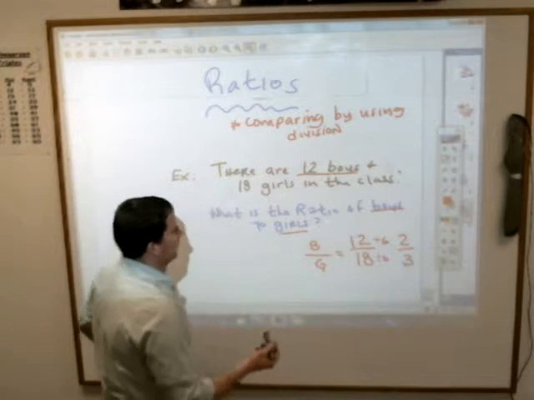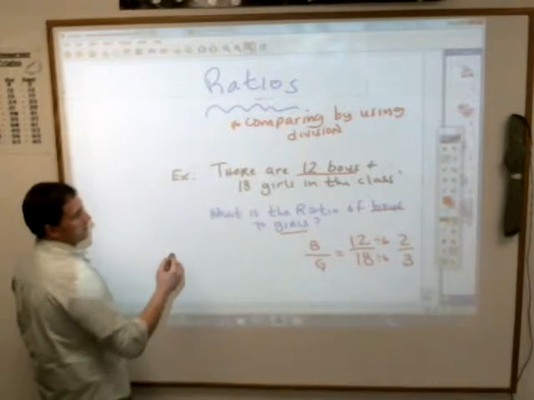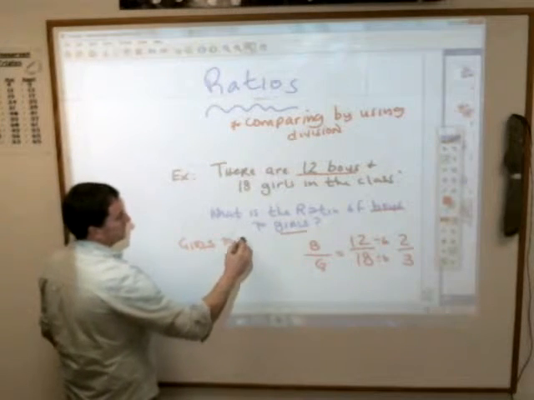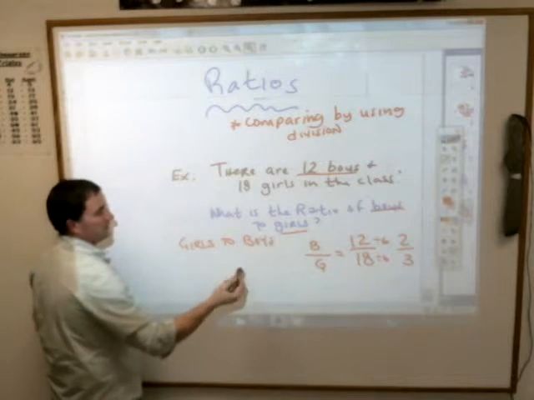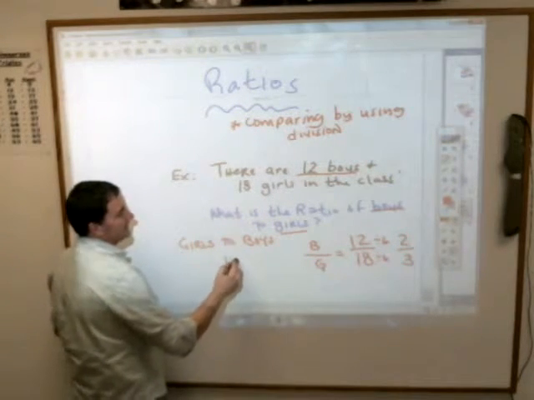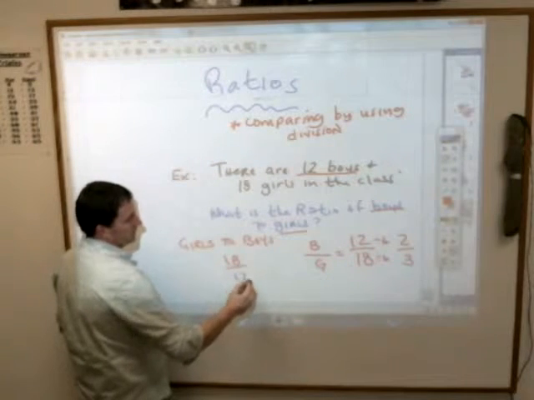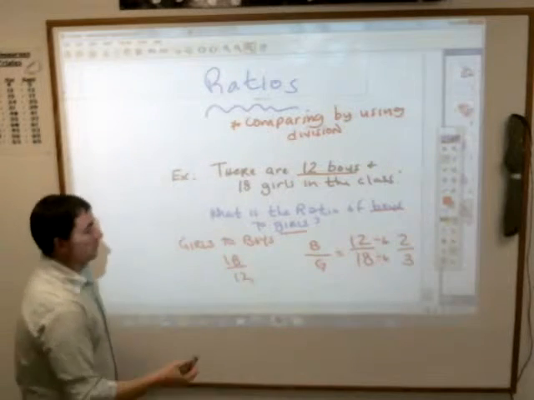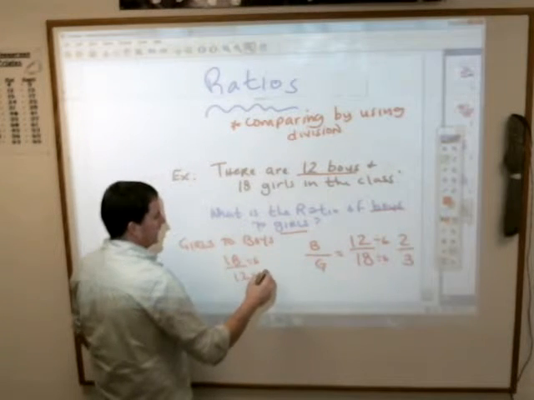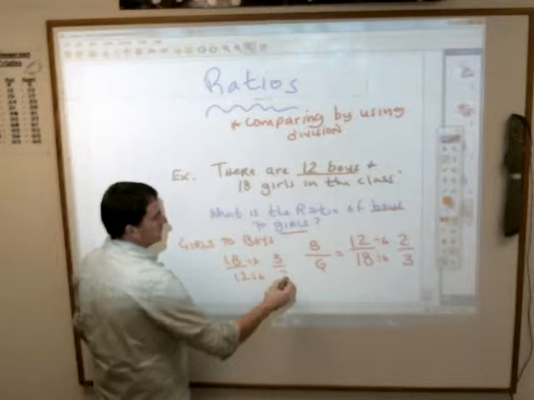Now, what if I flip that around and ask you for the ratio of girls to boys? Well, it's that same thing, except girls was listed first, so you'd have to put the 18 on top. So the ratio of girls to boys is 18 over 12. It still needs to be reduced, and it's 3 over 2.